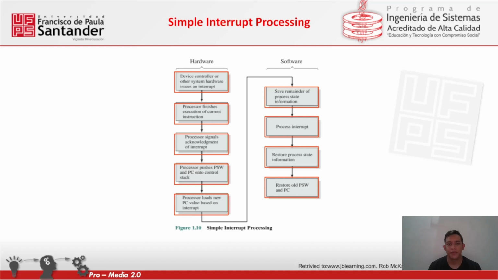Then the processor finds the location of a special routine for handling this type of interruption. The processor starts executing this routine, which might involve a specific task related to the interruption, like handling input-output data. After finishing the handling routine, the previous program state is restored, including register contents and the current program position. Finally, the processor continues running the interrupted program from where it stopped.